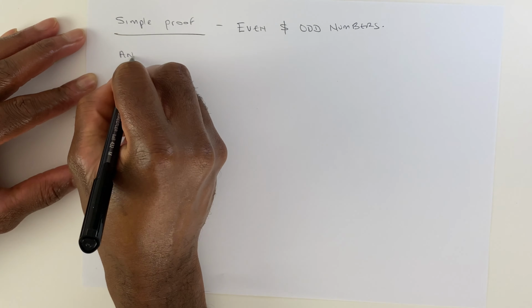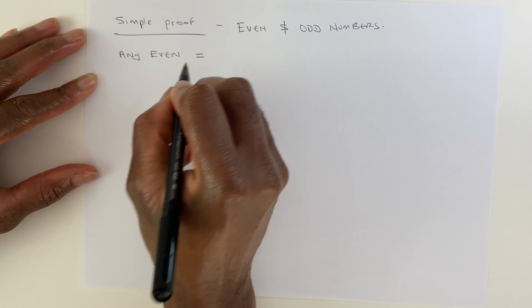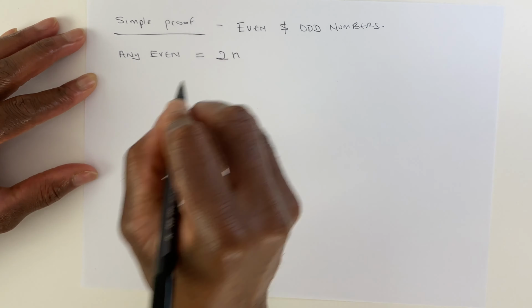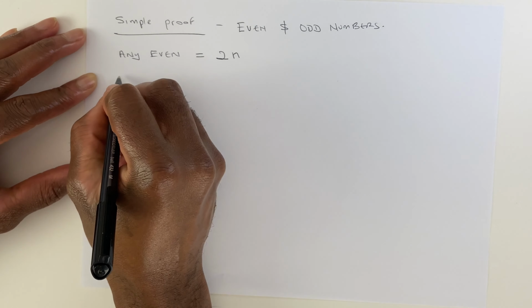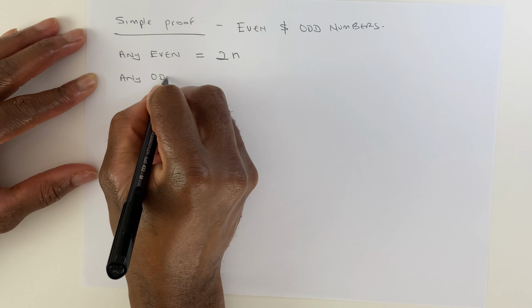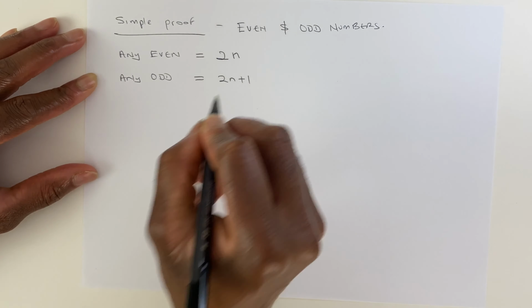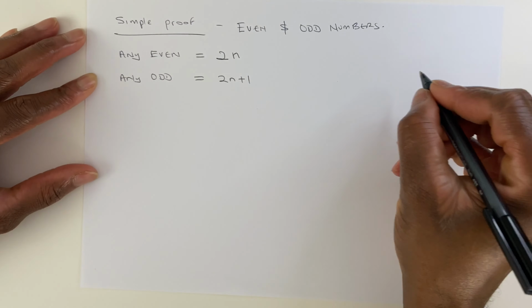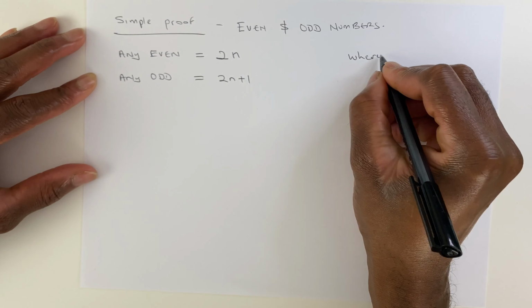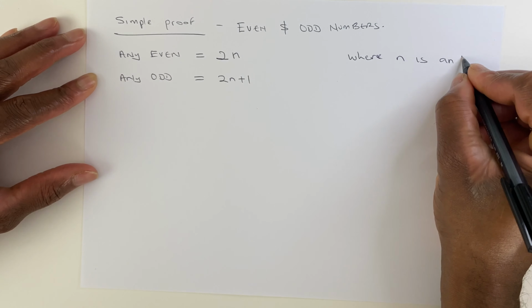Any even number can be represented as 2n, and any odd number can be represented as 2n plus 1, where n is an integer.